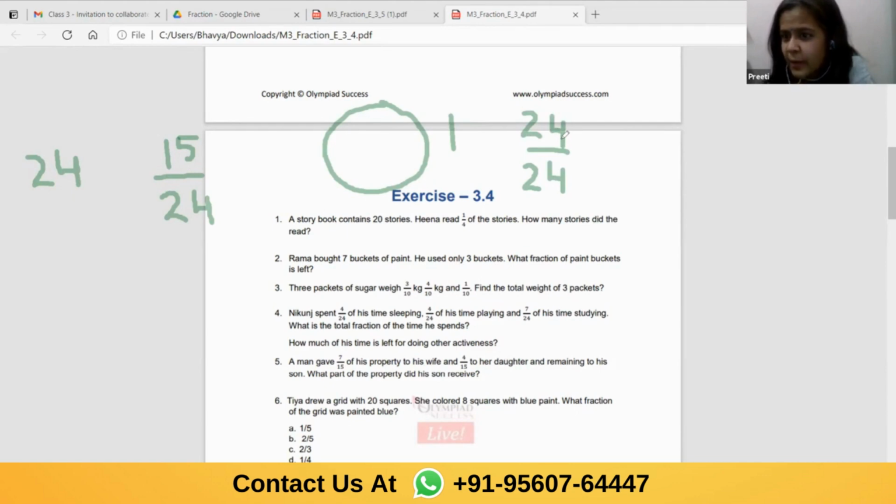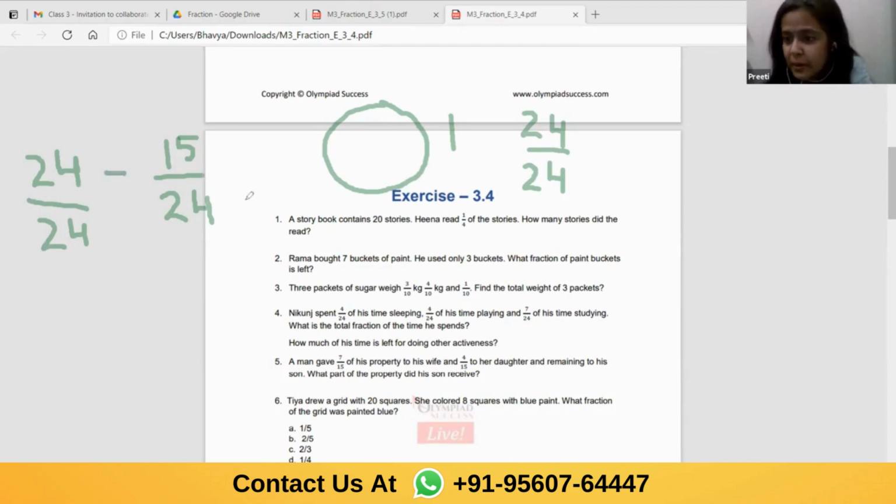Yes, 24 by 24 is one whole. So in order to find out how much of his time is left, I am going to place, because I want like fractions, rather than putting one whole, I'm writing one whole as 24 by 24.